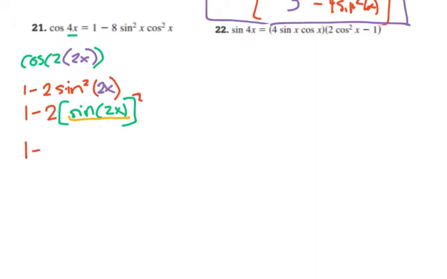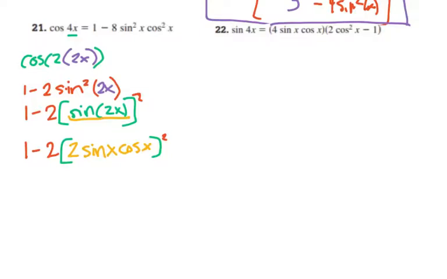So I'm going to have 1 minus 2, and then inside we're going to have 2 sine of the variable, cosine of the variable, and of course that quantity is squared.